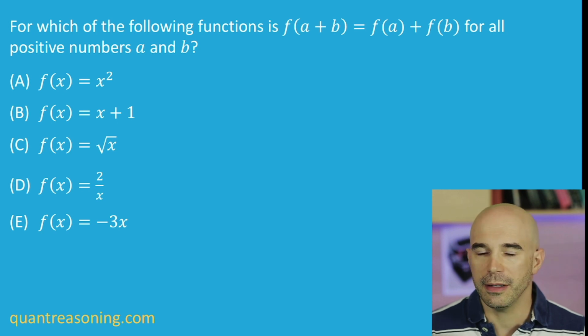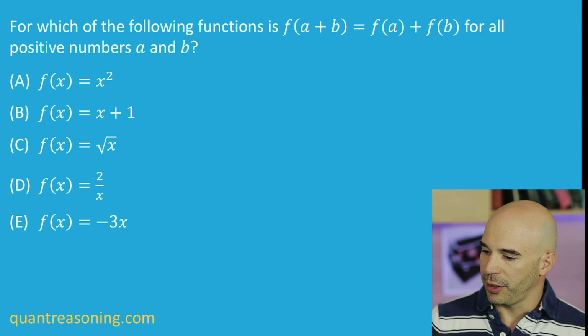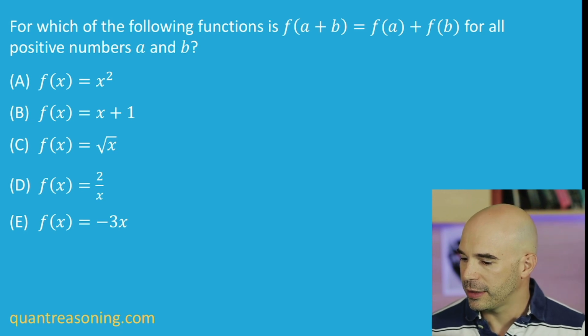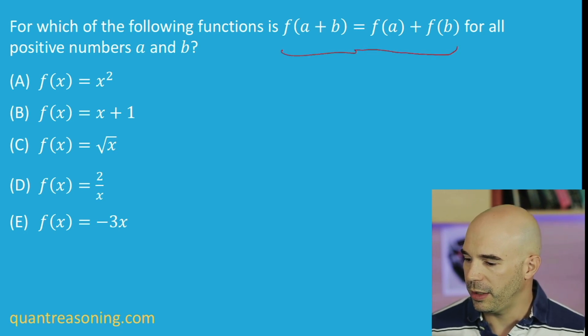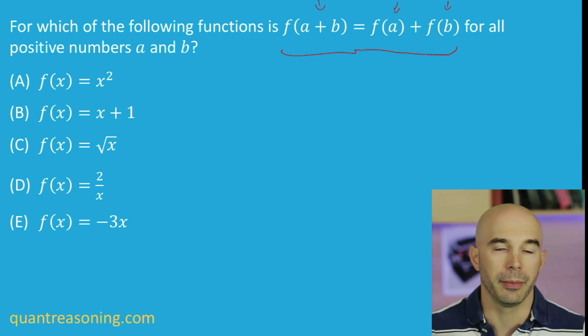But the question itself is asking specifically about the kind of function that essentially wouldn't care whether you throw in a sum of 2 things or whether you throw those 2 things in individually and then add up the outputs.